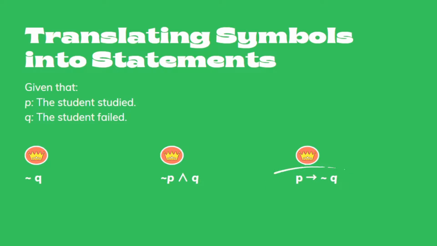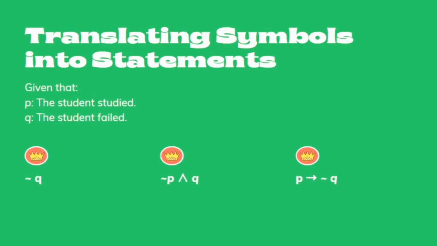Considering that the if then connective and the not connective is between the conditions P and Q, then the statement would be if the student studied, then the student will not fail.